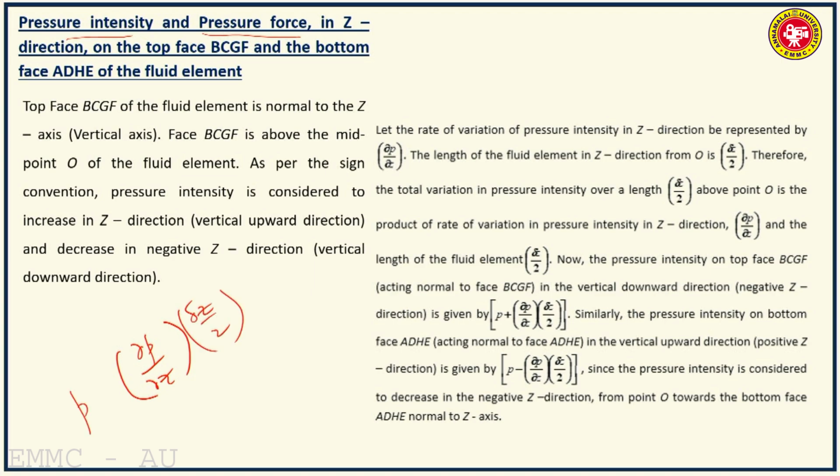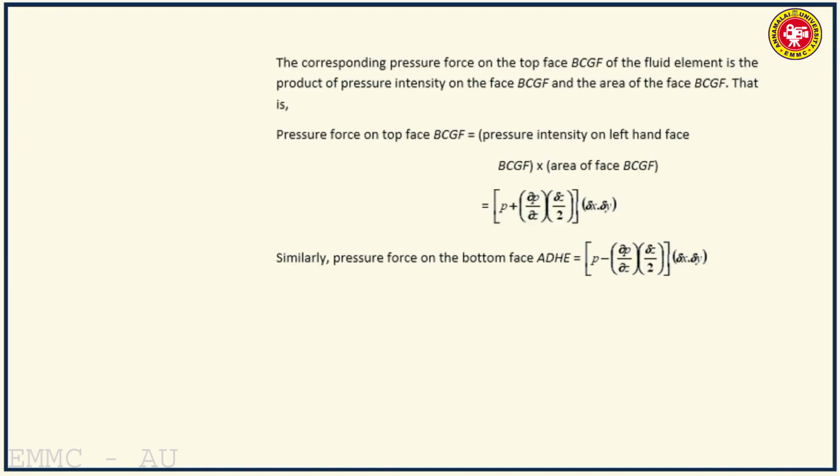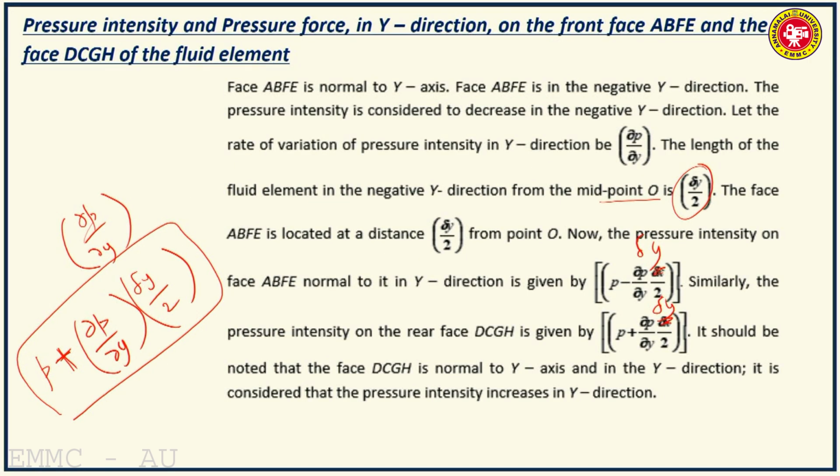So P minus this will give you the pressure intensity on the bottom face ADHE, whereas on the top face BCGF, it is P plus dou P by dou Z into delta Z by 2. Now the pressure force can be expressed as pressure intensity multiplied by the area of the face. So what is the area of the bottom face or the top face?